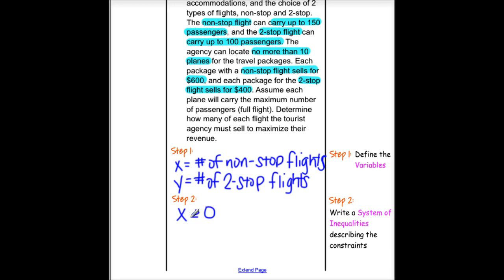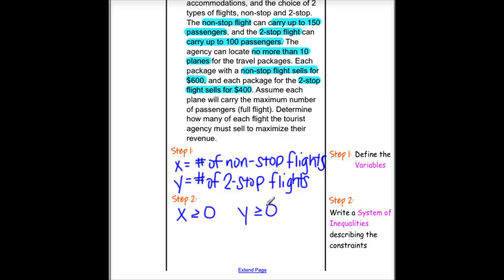And that's because we can't have a negative number of nonstop flights. There has to be 0 or more. The next one would be y is greater than or equal to 0, because likewise we can't have a negative number of 2-stop flights. Now, one of the next things they talked about was that we can locate no more than 10 planes, in other words, no more than 10 flights.